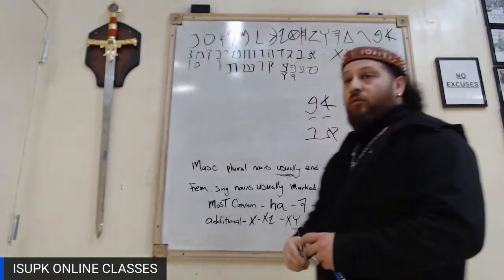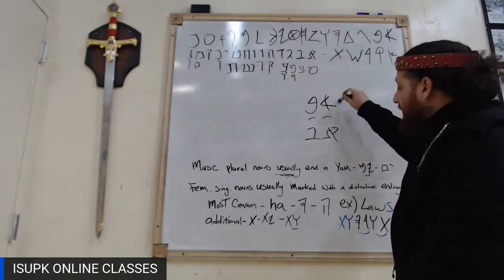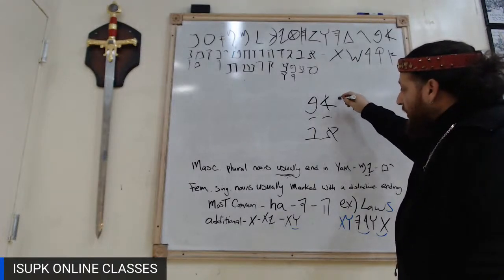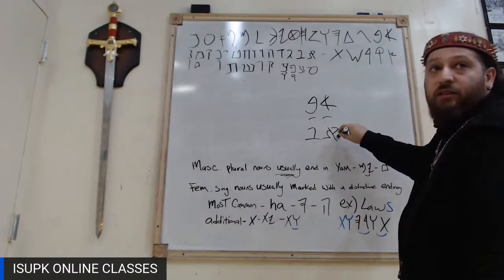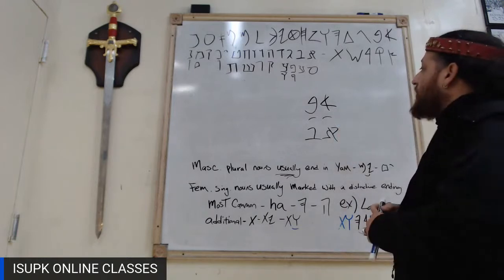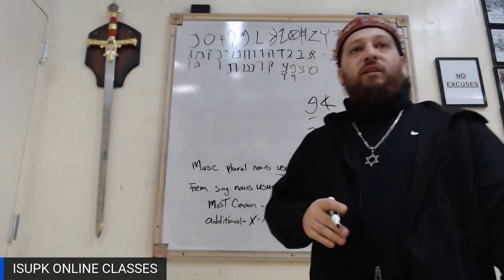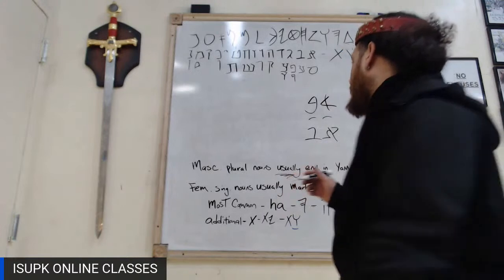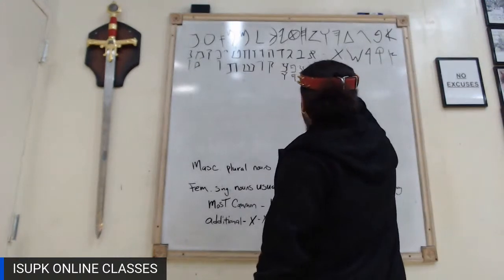So, remember, this is the Paleo. This, the Assyrian. Well, there's an alphabet that's even older than that. It's the oldest alphabet in the world, all right?